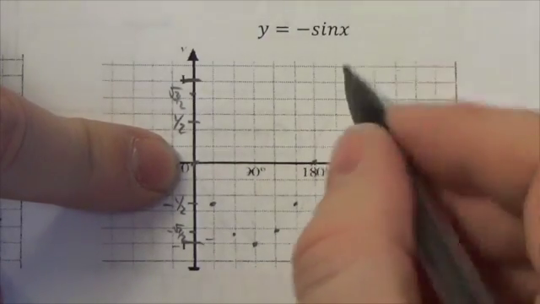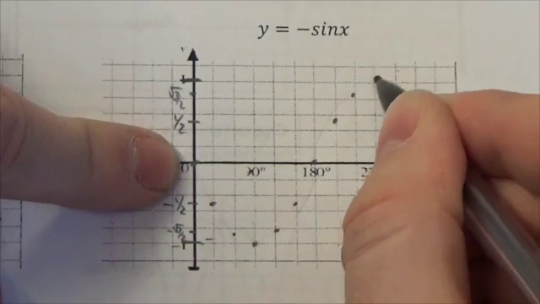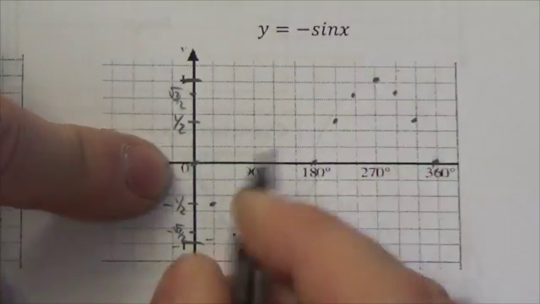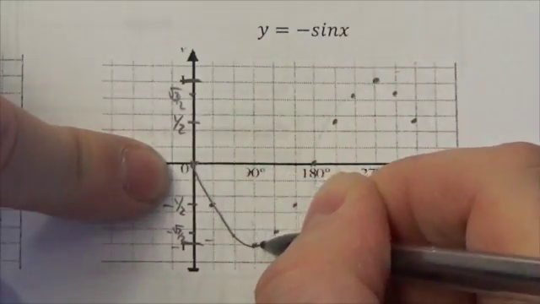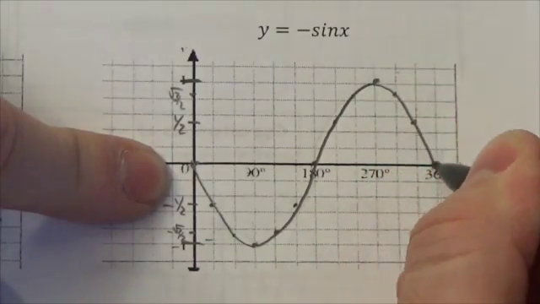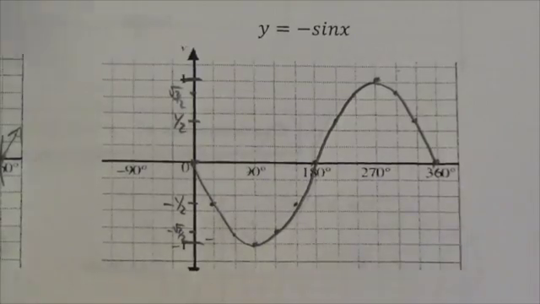When we pass 180, we move into the positive part. So it's going to go there, there, the 1/2, and then down to 360. So draw it like this. That's not great, but you get the idea. This is what negative sine looks like.